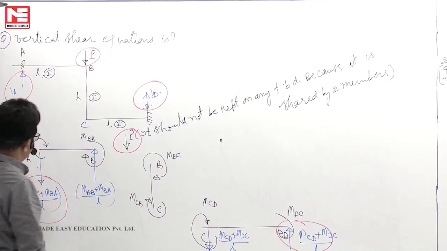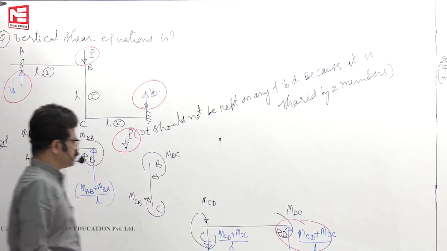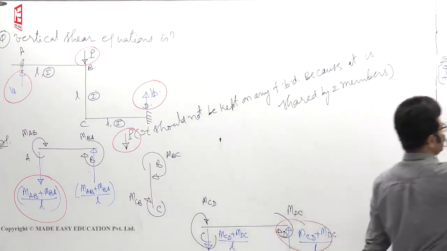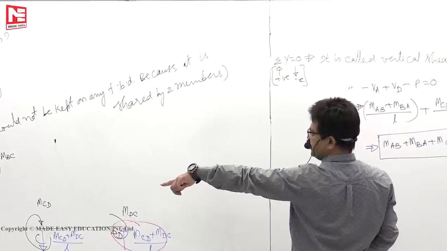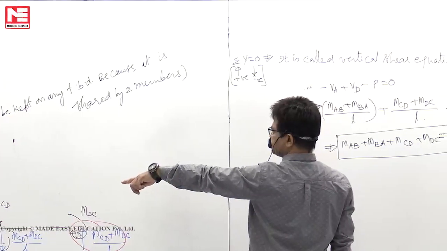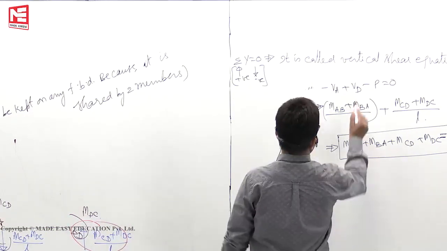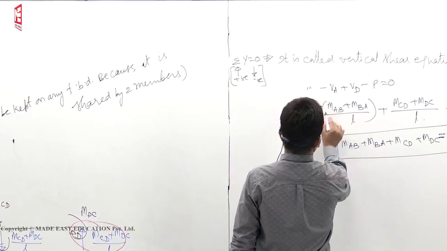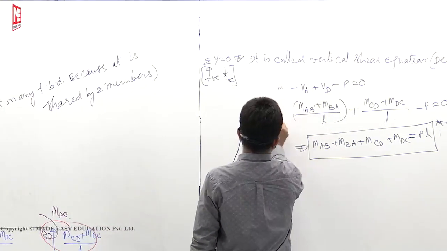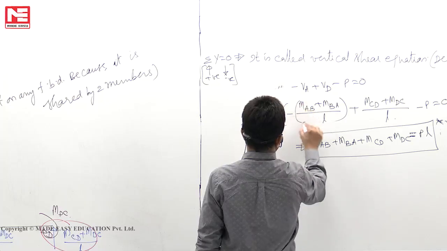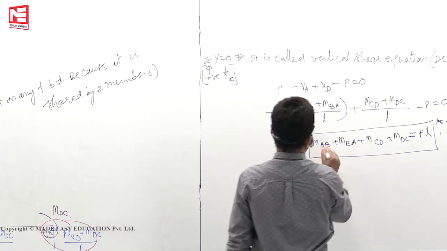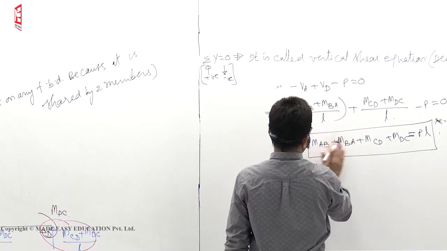here you see VA is acting downward, so we must take it as minus only. Here it is minus. Minus VA going down, minus P plus VD. That means this quantity is minus. So that means both these two are negative.